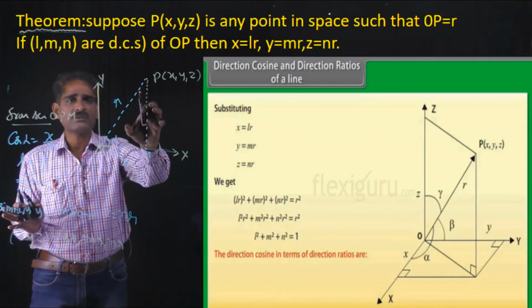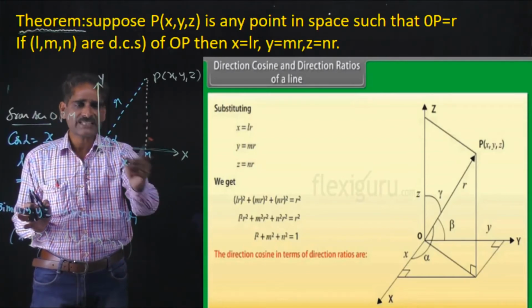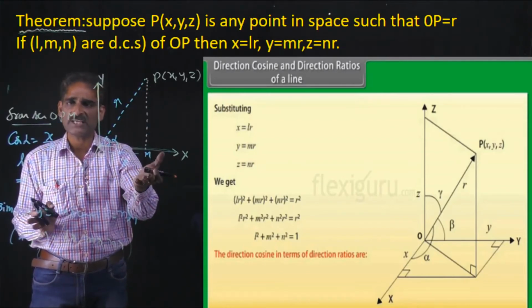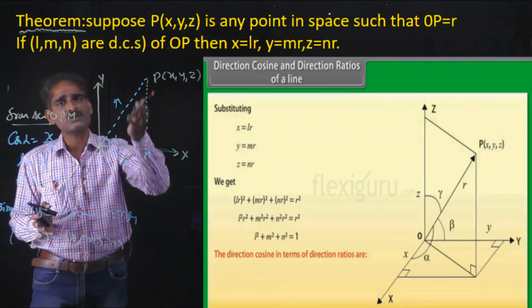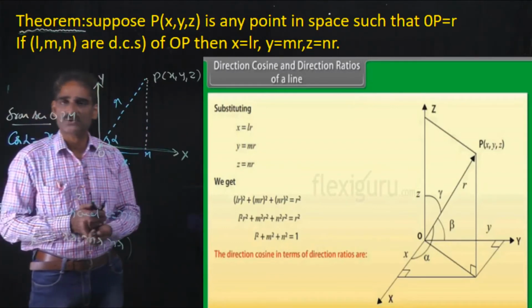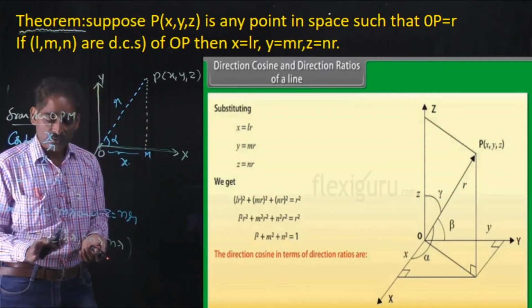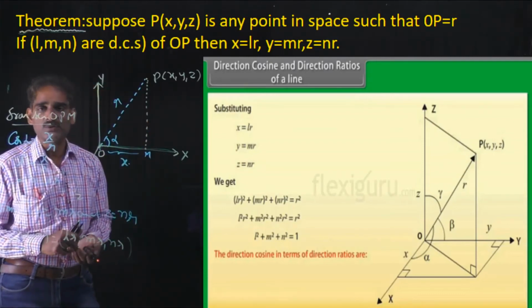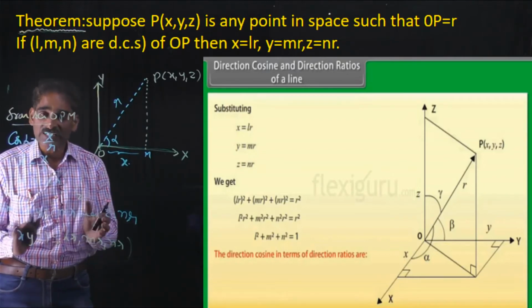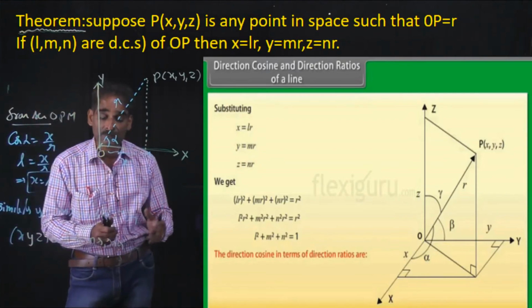Just as shown in the figure with the x-axis, we form a right angle triangle with the x-axis. Similarly, we can draw right angle triangles with the y-axis and z-axis, and from those we can write the y value and z value. So this is how to find the relation between x, y, z and lr, mr, nr.